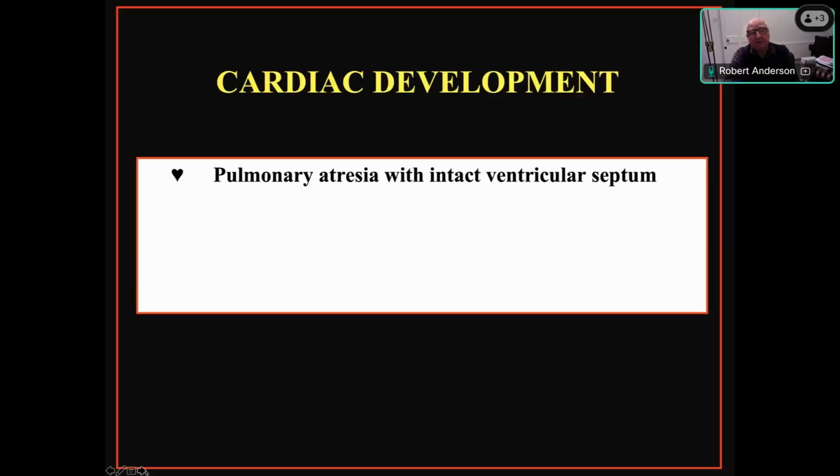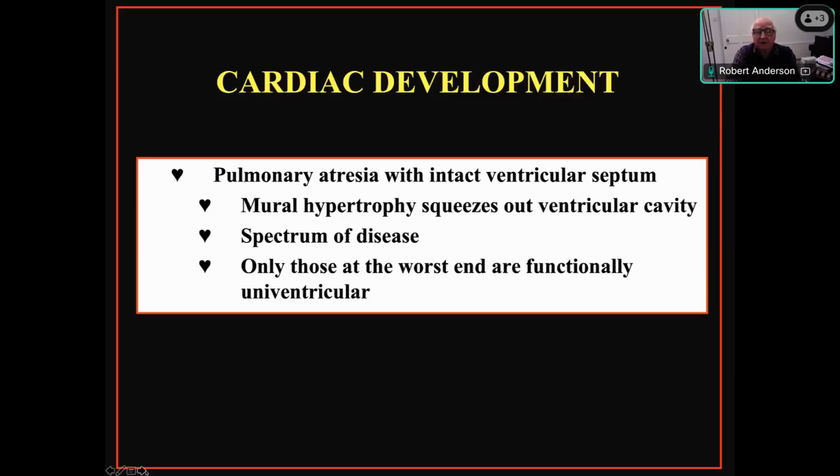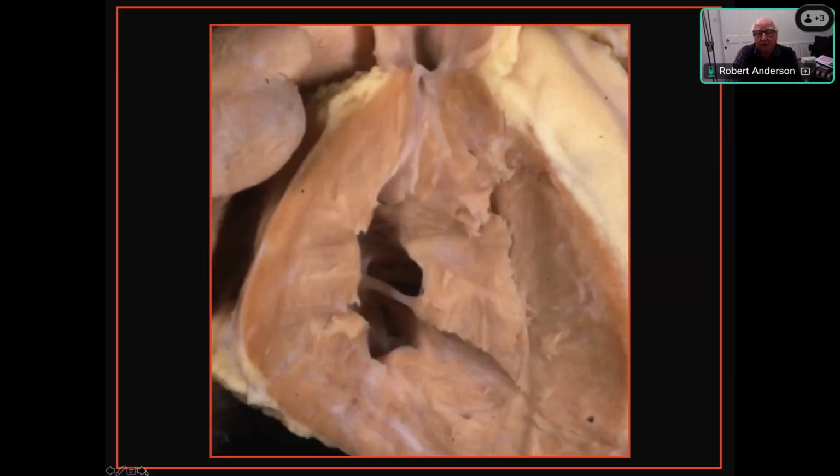And it's a similar story with pulmonary atresia with intact ventricular septum. But here it is mural hypertrophy that squeezes out the ventricular cavity. So again, we have a spectrum of disease, and it's only those at the worst end of this spectrum that are functionally univentricular. And here you see a nice example, because the mural hypertrophy has obliterated the apex.